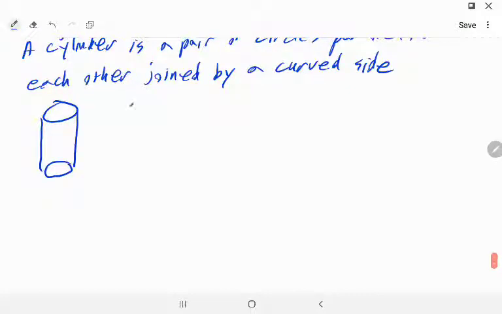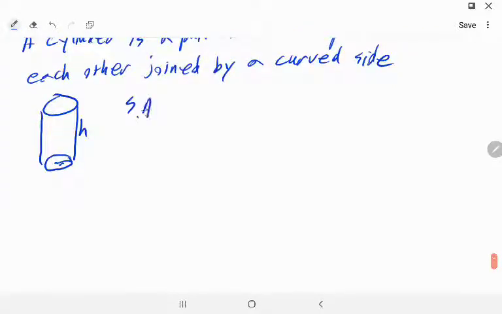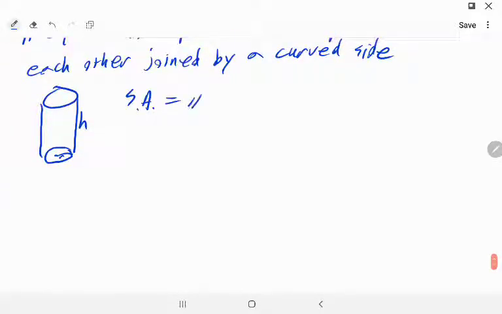And we notice now our surface area, if the base has a radius r and a height of h, we know surface area is going to be pi times r squared times 2, because we have a top and a bottom, plus 2 pi r h. We can imagine the sides of that cylinder being stretched out.